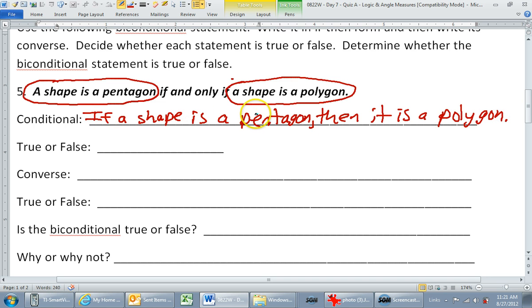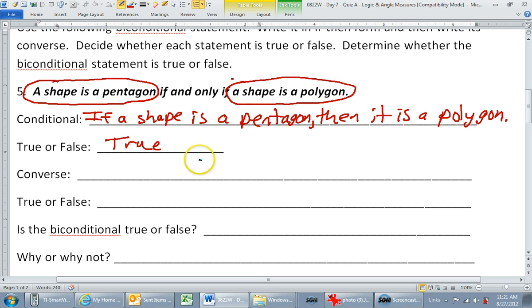Okay, so that's what we were looking for for the conditional. Now, is this true or false, you guys? Yeah, this is definitely true. Okay, a pentagon is a kind of polygon. So if a shape is a pentagon, then yeah, it's automatically a polygon. That's definitely true.